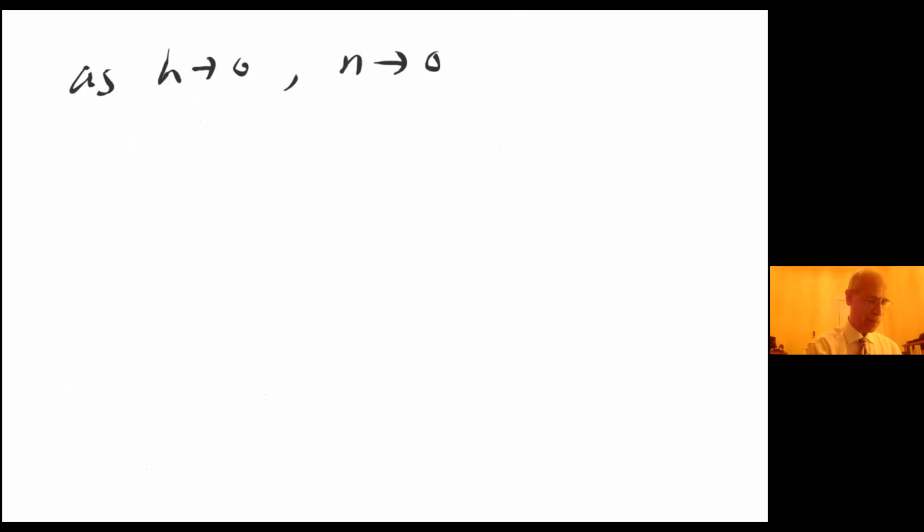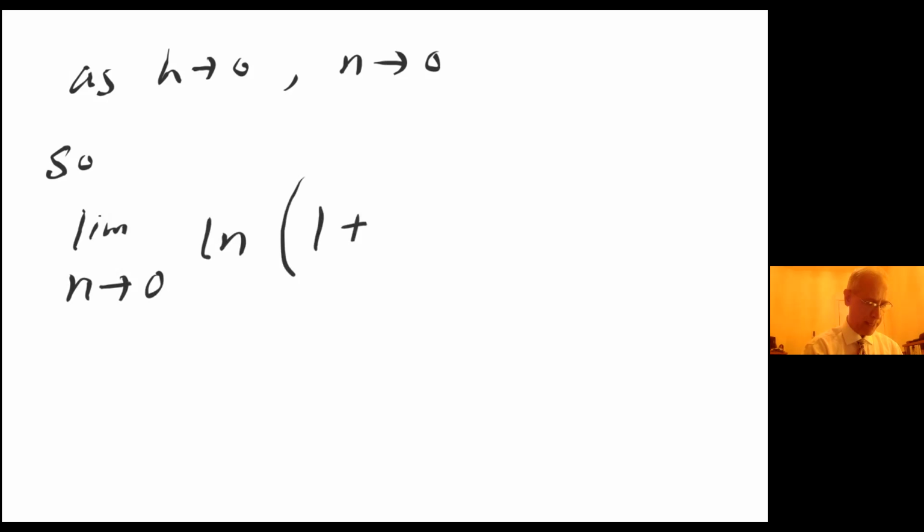And so the limit as n approaches 0 of natural log of 1 plus n to the power of, we had 1 over h, but I can rewrite that as 1 over n times 1 over x. Okay, so far so good.